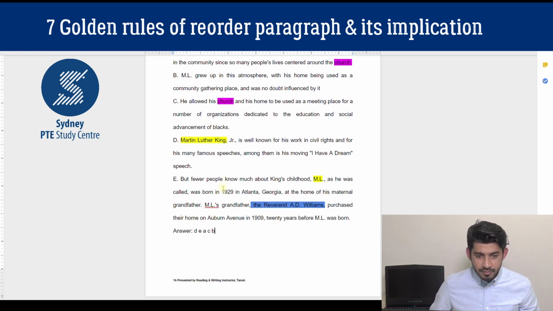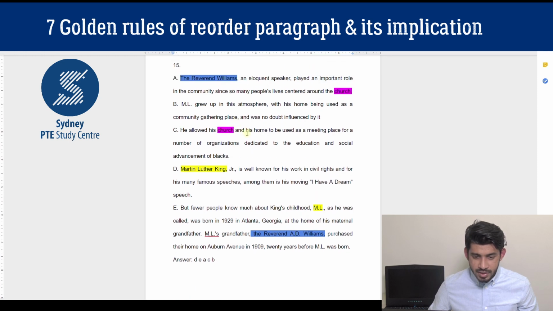Now if you want to verify, as I didn't verify B, it automatically comes at the end. So if CB makes sense, that means your answer is right. Now look at C. If you just want to proofread, C says that he allowed his church and his home to be used as a meeting place for a number of organizations, right? And he allowed people to come and have a discussion about civil rights.